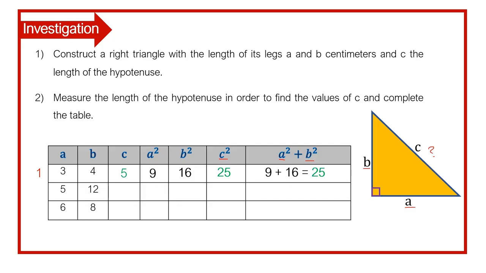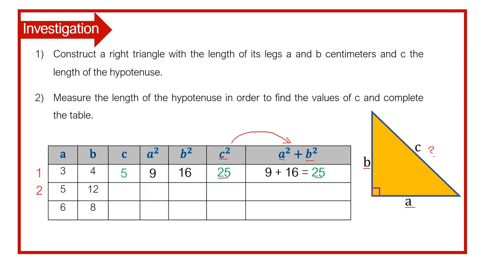You can see that C squared is 25, but also the sum of A squared and B squared is 25. So you see that C squared is equal to A squared plus B squared. And actually, that is the relationship that the sides of a right triangle have got. And from this, that's where we get the Pythagoras' theorem.